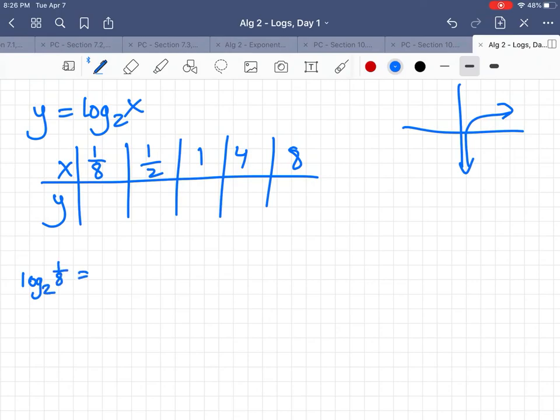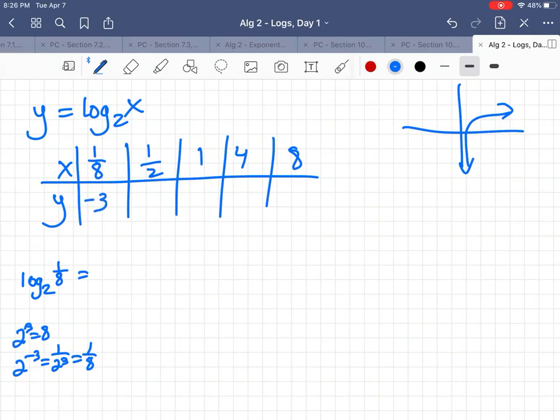So let me see, 2 to the 3rd is 8. I can't put a 3 because it's 1/8. So I want 2 to the negative 3. So I want that 8 to go to the bottom. So that's 1 over 2 to the third, which is 1 over 8. So I think I've got it with this negative 3. So negative 3 goes here.